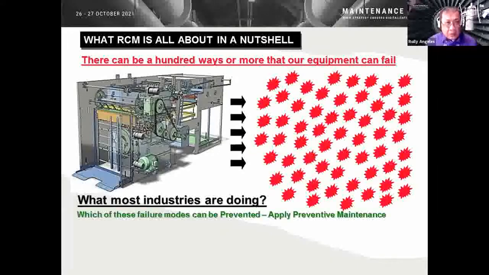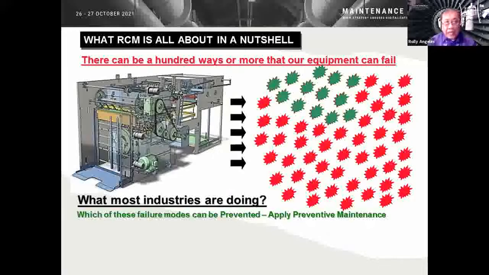What we want to do is we get our best people and let them try to list all the possible failure modes that can affect the asset. Once all the failure modes have been listed, the first question to raise is which of these failures can be prevented.